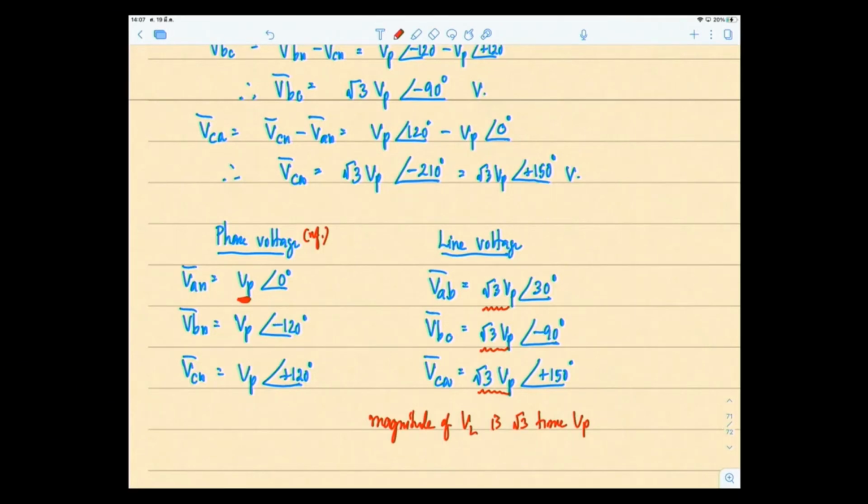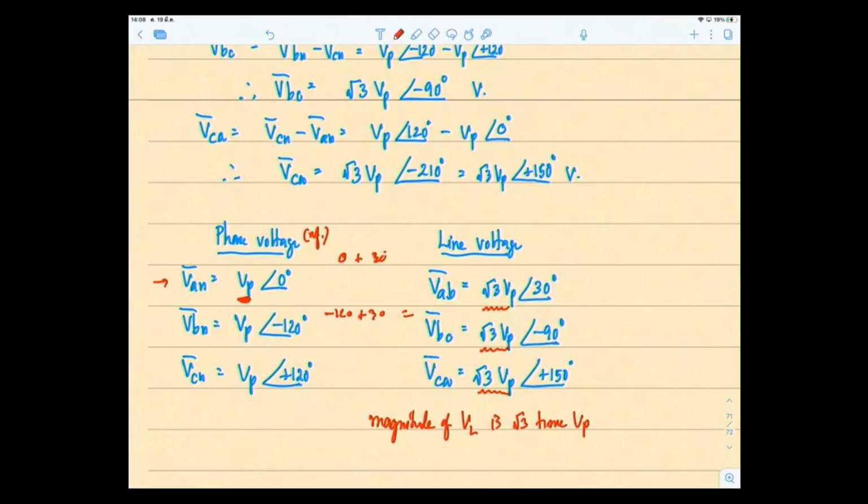Now what about the phase angle? The first value, VAN, is 0 degrees, but the V line is plus 30, so it's 30 degrees ahead. 0 plus 30 is 30. Look at the second one, VBN: minus 120 plus 30 is equal to minus 90.